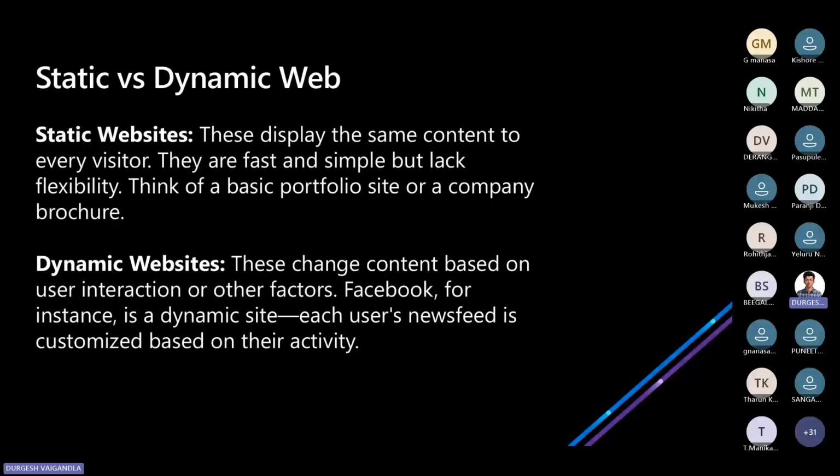In a similar way, coming to dynamic websites, these change the content based on user interaction. Suppose you go to Amazon or some other site and log in, you'll get different outputs. If I search for laptops, I'll get suggestions about laptops. If I search for mobiles, mobiles will pop up.